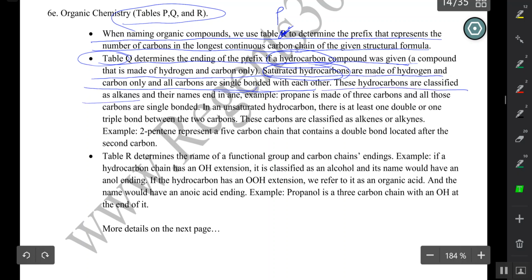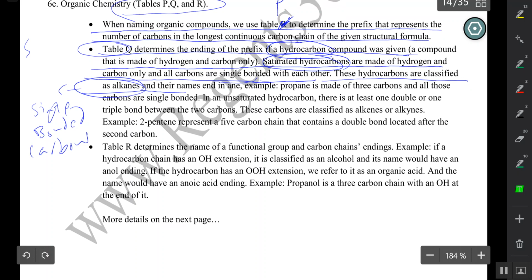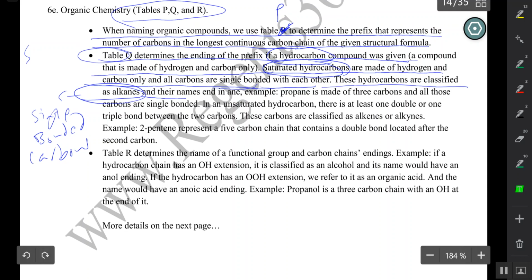They're classified as alkanes. So alkanes are single bonded carbons. Single bonded, saturated. It actually goes as single bonded, saturated, substitution. We'll talk about substitution when we get to the types of organic reactions.